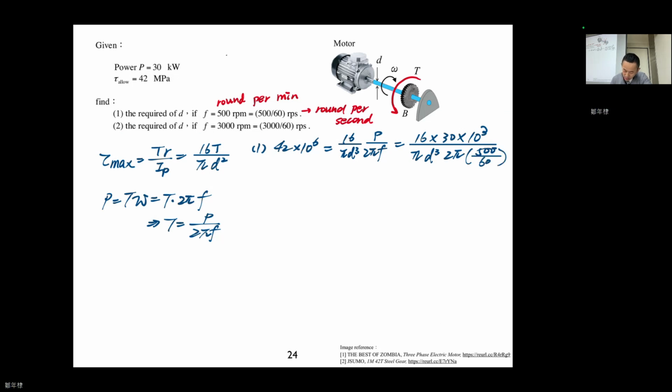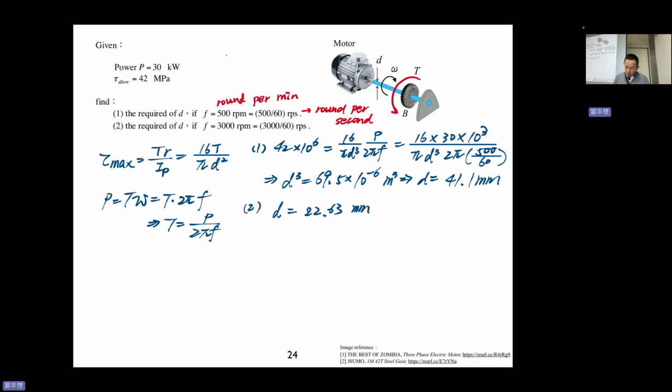So d cubed equals 69.5 times 10 to the minus 6 m cubed, so d equals 41.1 millimeter. I mean, this is just substituting all the values into the formula provided on the previous page. Not a very big deal. And the second one is 22.63 millimeter.